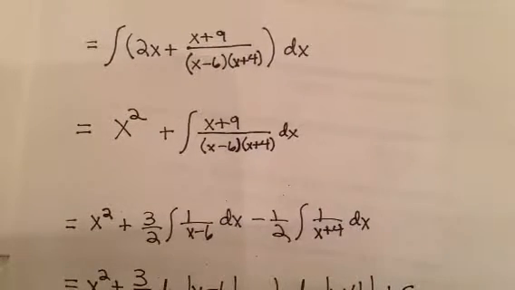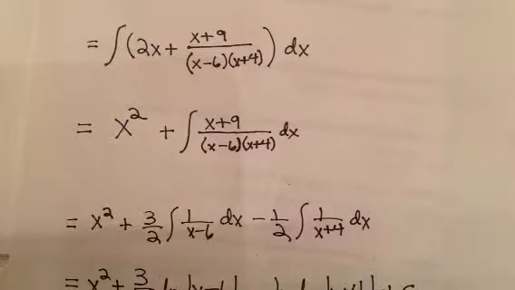The nice thing is that both x minus 6 and x plus 4 have derivatives of 1, so we just have another set of fairly basic natural logarithmic terms.